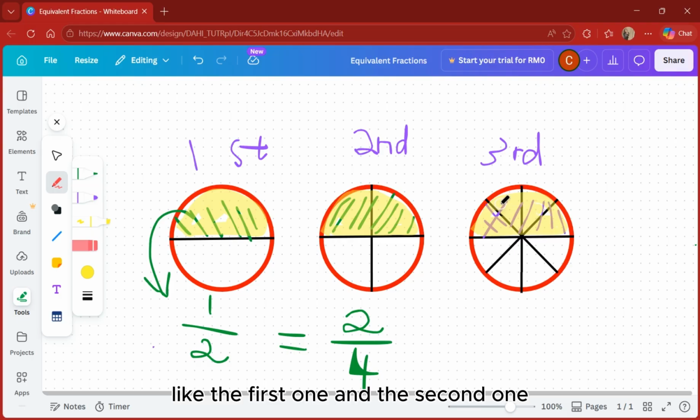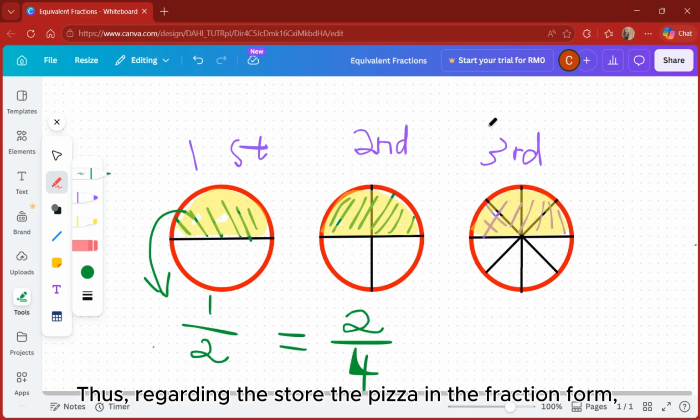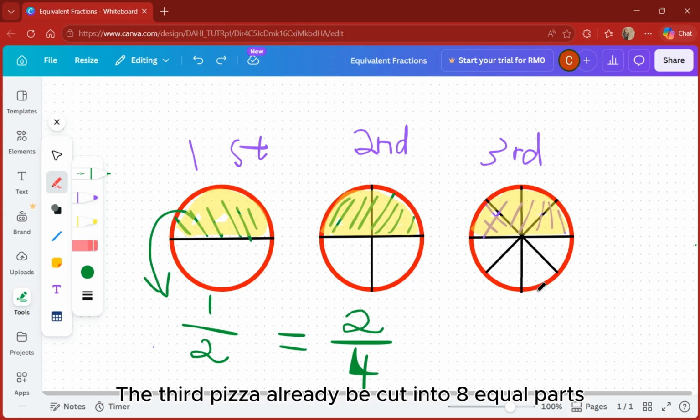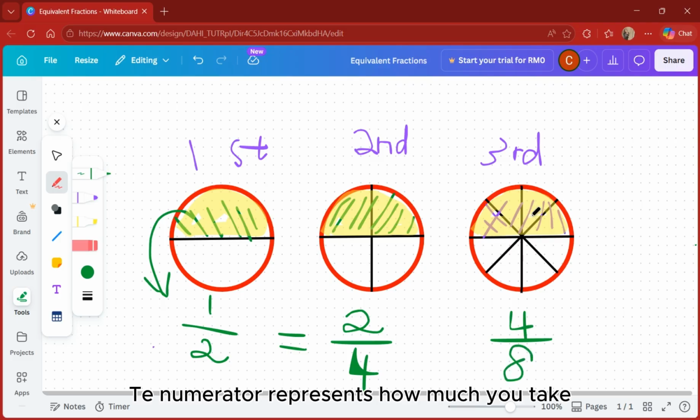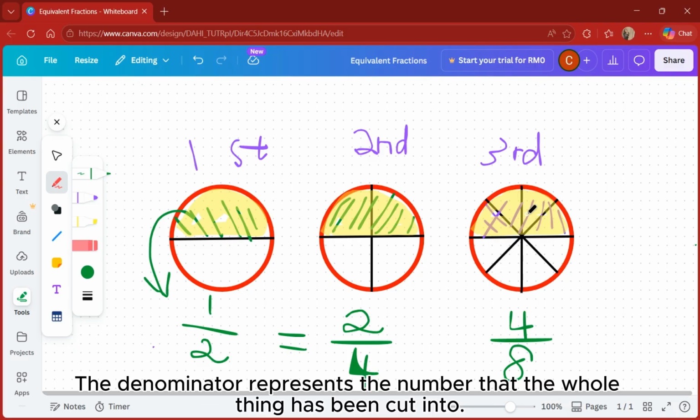Like the first one and the second one. Thus, regarding the third pizza in the fraction form, the third pizza has been cut into 8 equal parts. Thus, the denominator should be 8. Numerator represents how much you take. Denominator represents the number the whole thing has been cut into.